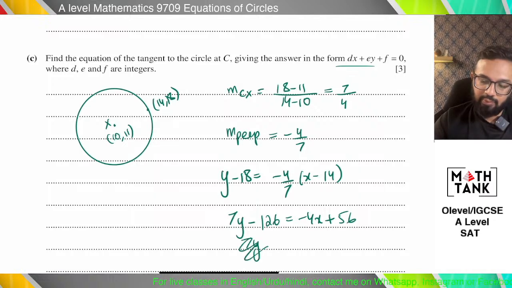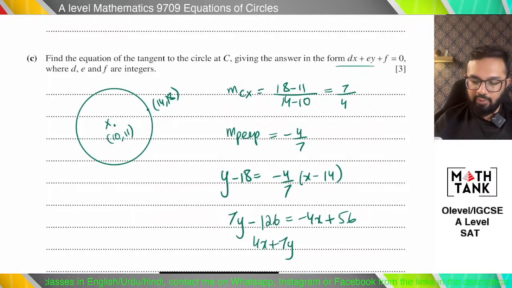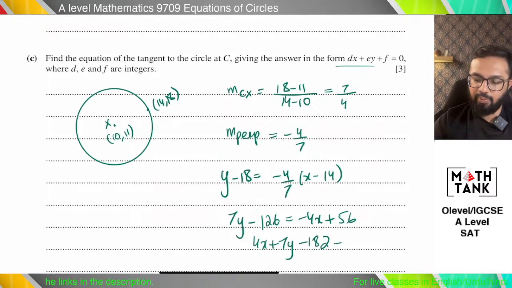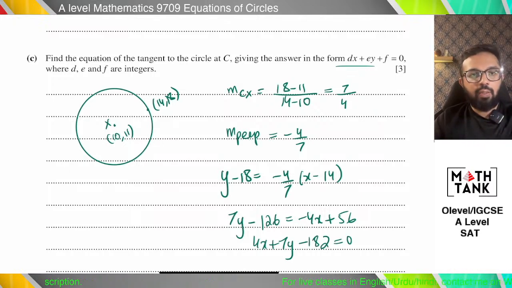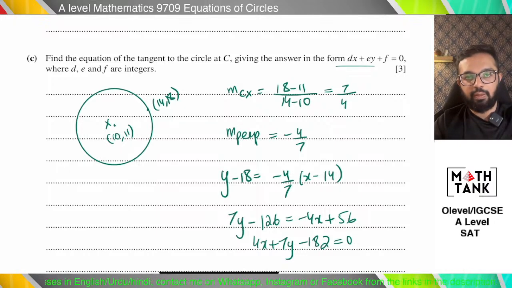So 4x plus 7y equals 126 plus 56, 182. Okay, let's check if those are the correct answers. Yep, the correct answer is this. Let's move on to the next question that we have.